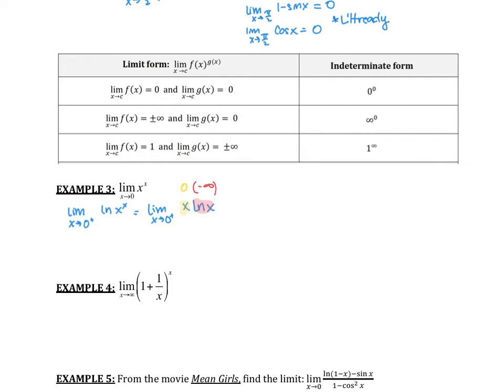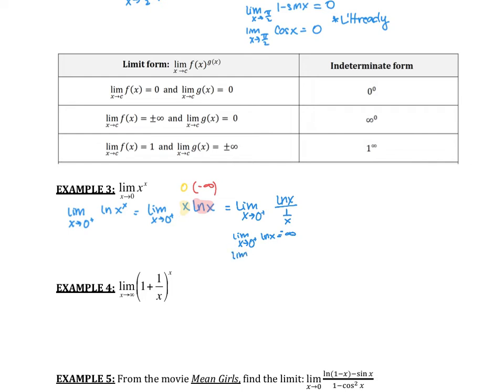So what that looks like is I'm going to rewrite this as the limit as x approaches 0 from the right of the natural log of x over 1 over x. Now, if I look at my top and my bottom and take the limit of each independently, like L'Hopital's tells me to do, the limit as x approaches 0 from the right of the natural log of x is negative infinity.